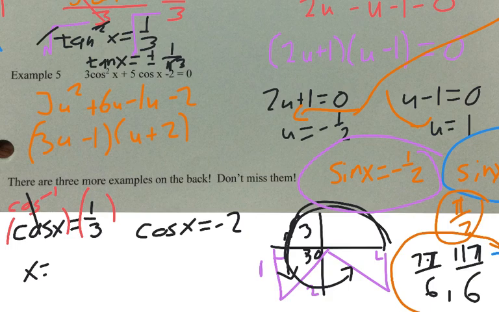So make sure your calculator is in radians, and find what the inverse cosine of 1/3 is. 1.231. Do I have a second?